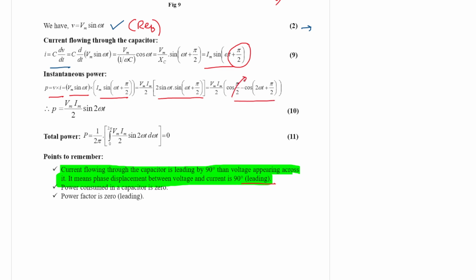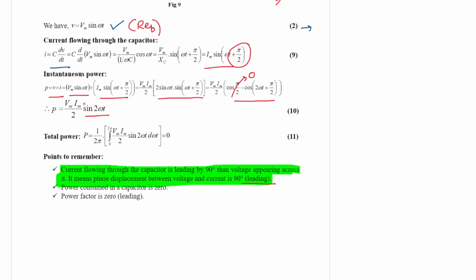So this will be 0. So cos 2 omega t plus pi by 2 will be equal to minus sin, and this minus makes sin 2 omega t. So instantaneous power is equal to Vm Im by 2 sin 2 omega t.